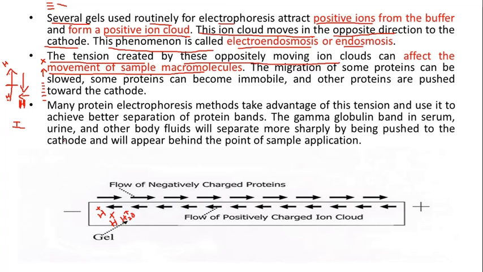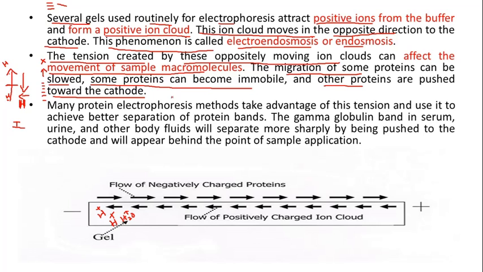We cannot easily see it, but you should consider it at the time of electrophoresis. The migration of some proteins can be slowed. Some proteins can become immobile by this electroendosmosis, while other proteins are pushed towards the cathode.